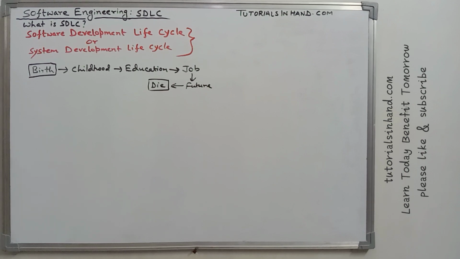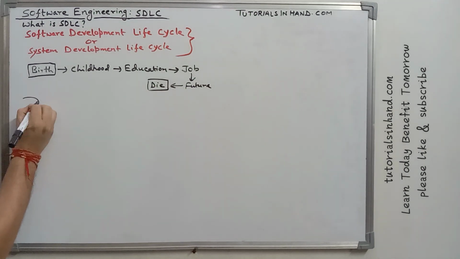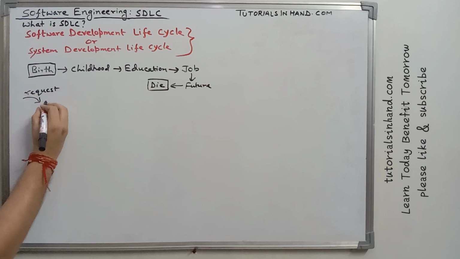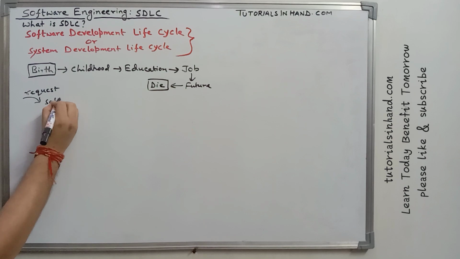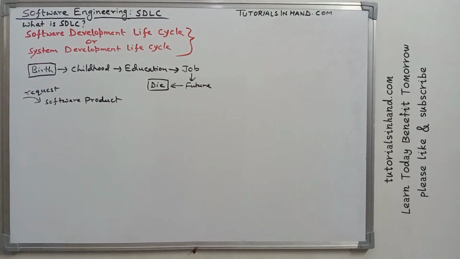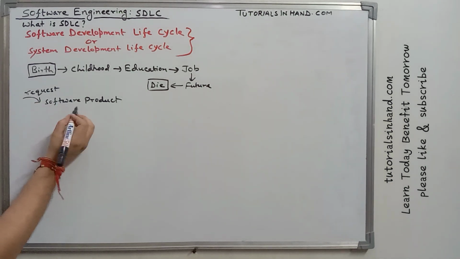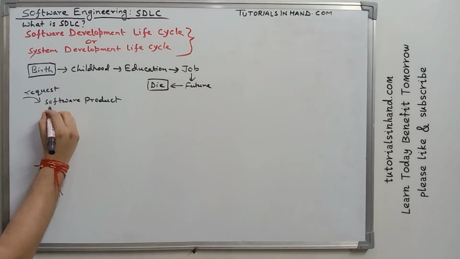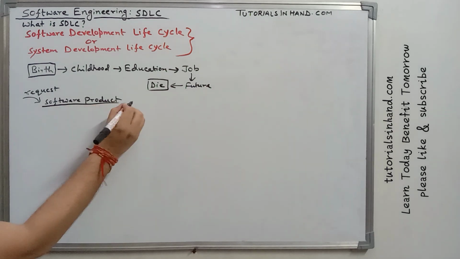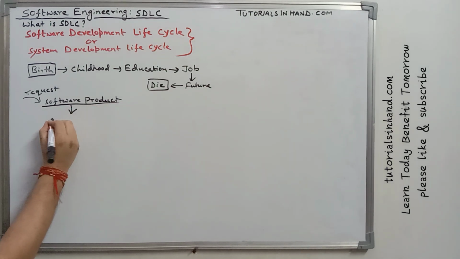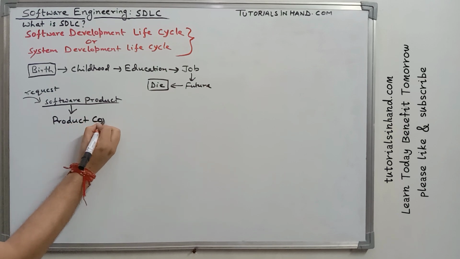Similarly, when a software product is required by any customer, they make a request for the software product to any consulting company or any developer who can provide it. When the first request is made, the first step is known as product conception.